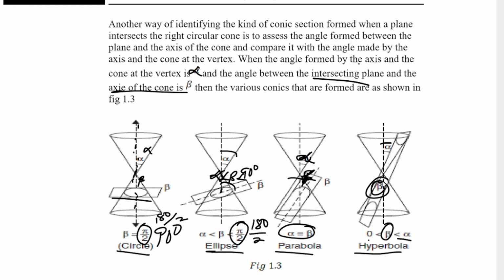When that happens, with the smaller angle being beta, that particular conic section is a hyperbola. So this is one way of identifying the kind of conic section formed when a plane intersects a right circular cone, using the angle approach.